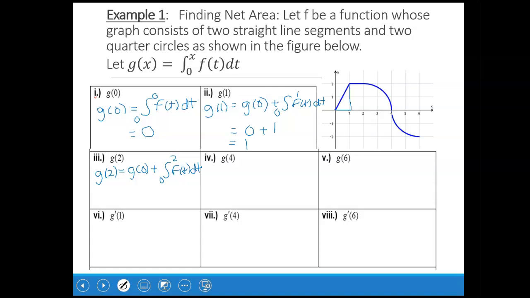You can take what we know, which is 0 to 1, add 1 to 2. So we get 0 plus 1 plus 1 to 2, which is 2. So g of 2 is 3.